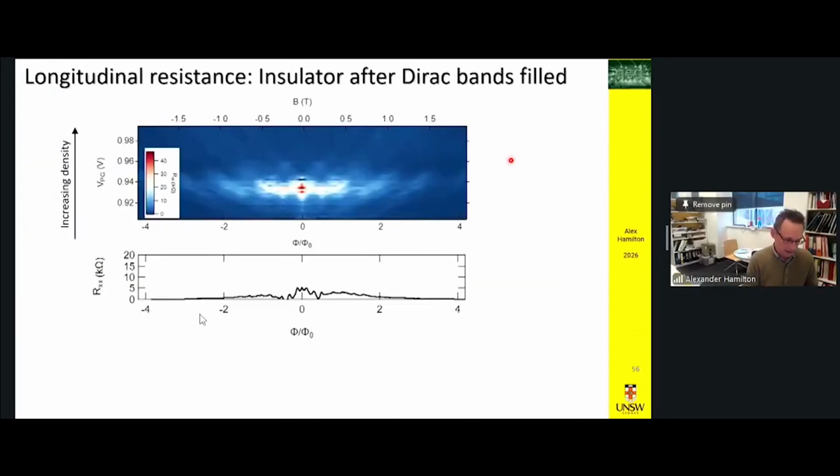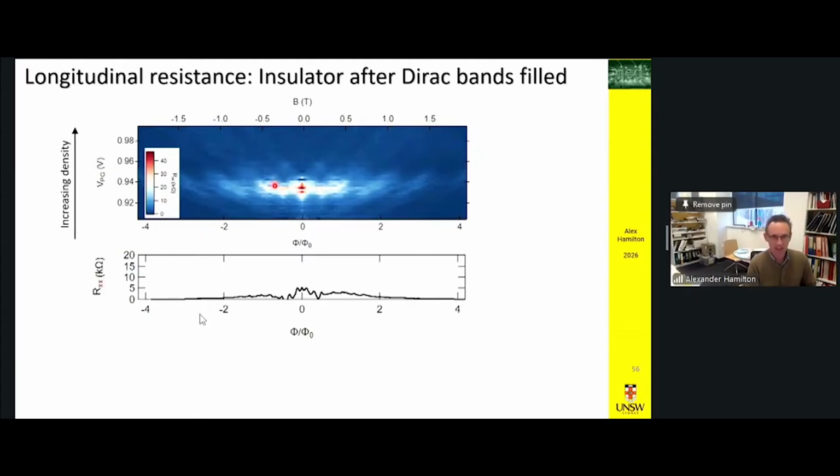So we take the same device, we make the potential a little bit stronger, so we've got an even stronger lattice, and now what I want to show you is what the resistance is as a function of magnetic field on the x-axis, and the y-axis is the number of electrons, or the filling per unit cell. And so we're going to start at low number of electrons, and then go up to higher and higher number of electrons. So what you would expect is as you increase the number of electrons, the resistance should go down.